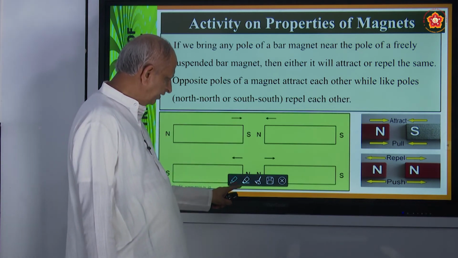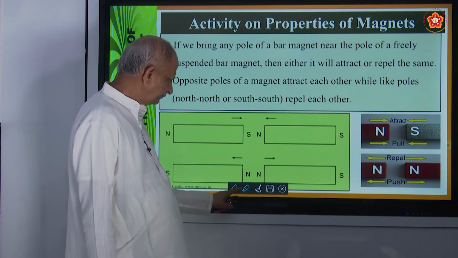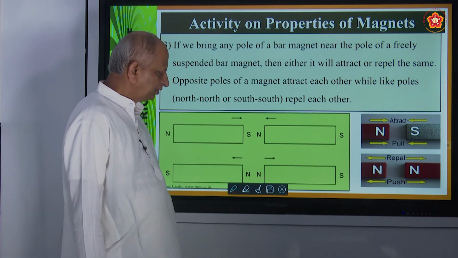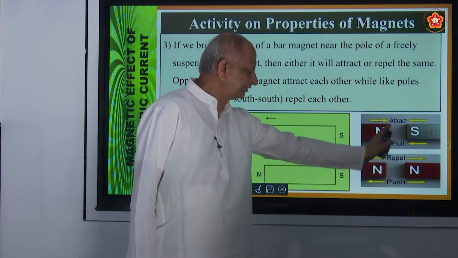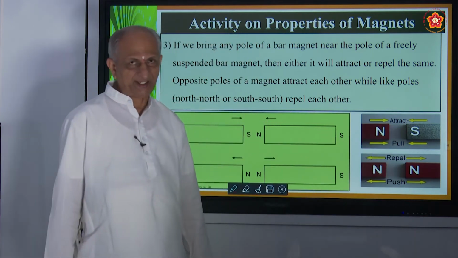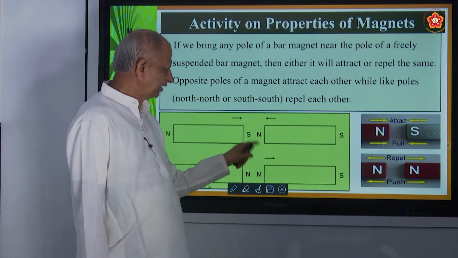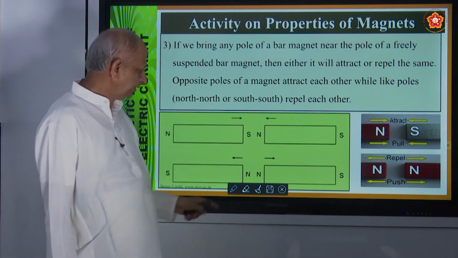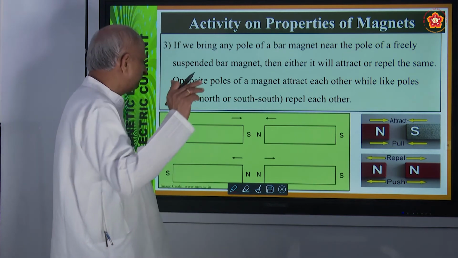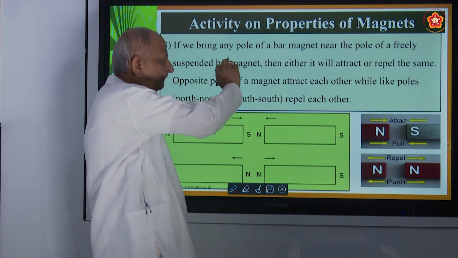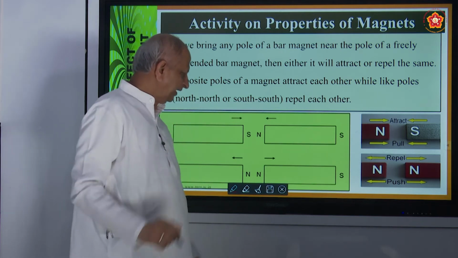Whereas if you have the same poles, north, north, see here, north, north repel; north, south attract. Similarly, south, north also attracts. Similarly, south, south repels. So, in short, we can say like poles repel each other.